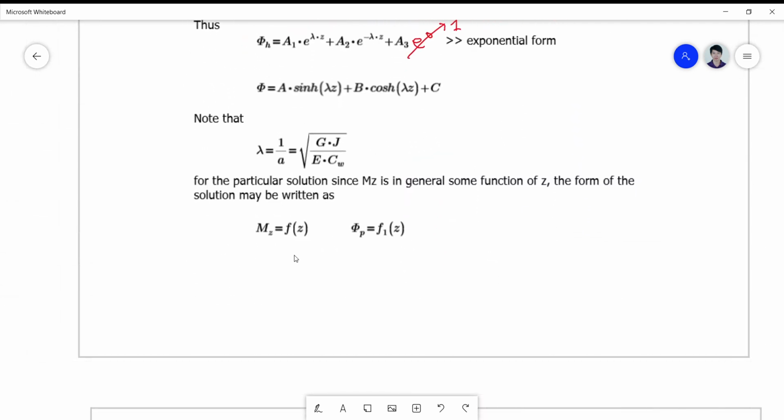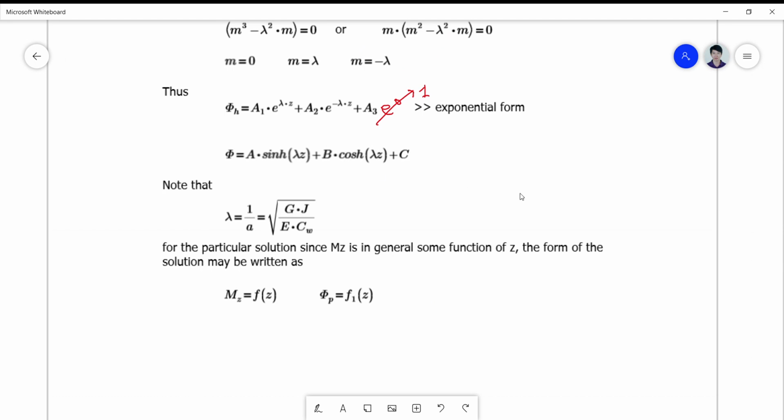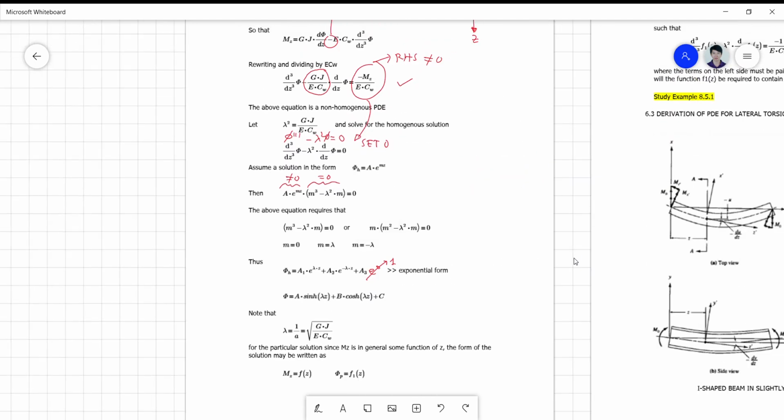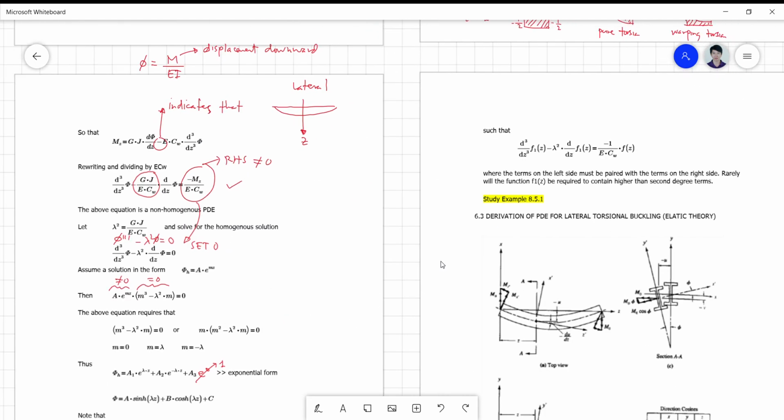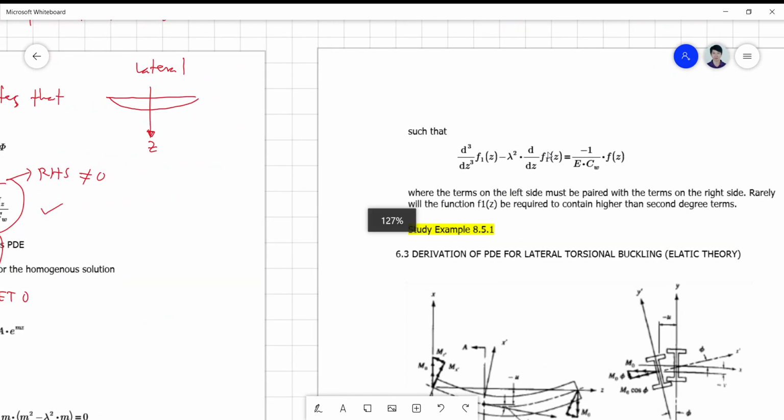So theta p is simply a function of z. Adding the two solutions, we come up with this differential equation of the third order.